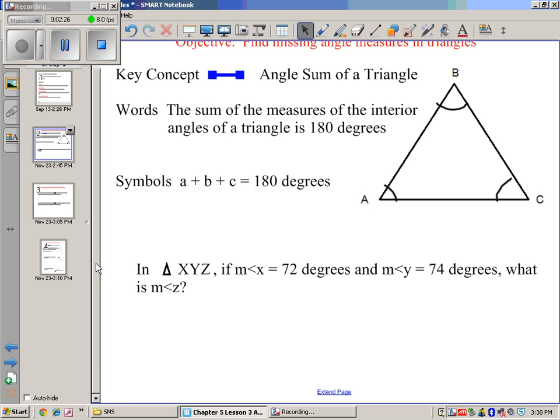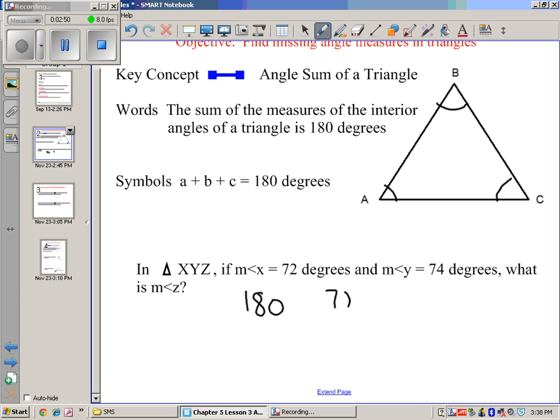Here you have a question. In triangle XYZ, if the measurement of angle X equals 72 degrees and the measurement of angle Y equals 74 degrees, what is the measurement of angle Z? Okay, just going off of our definitions and key concepts, a triangle is 180 degrees.